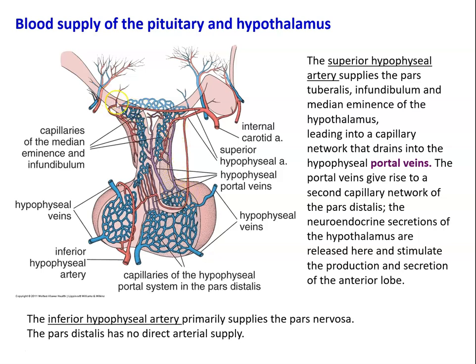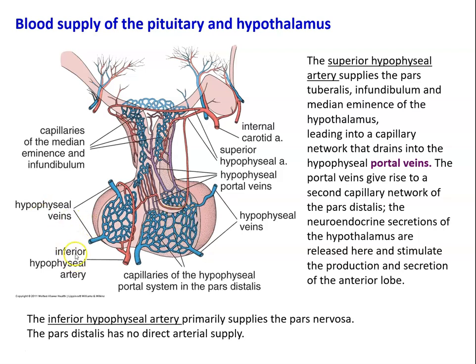That means the neuroendocrine secretions of the hypothalamus in the median eminence are released pretty directly right into the pars distalis, and they stimulate the production and secretion of the anterior lobe cells.